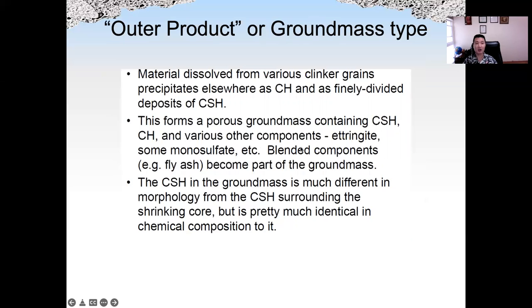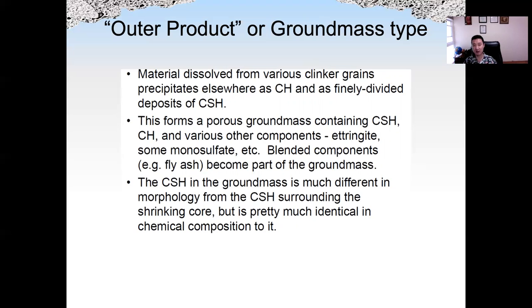The third type is called outer product or groundmass. Okay. So this type of CSH dissolves from clinker and precipitates between the cement grain particles. Okay. Together with calcium hydroxide. And this will form a very porous groundmass.